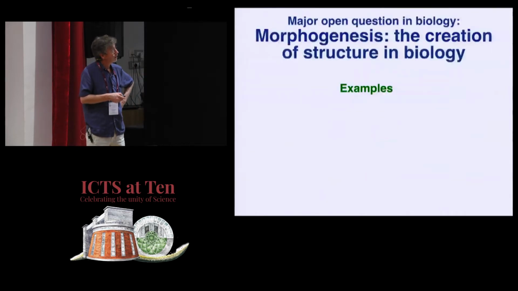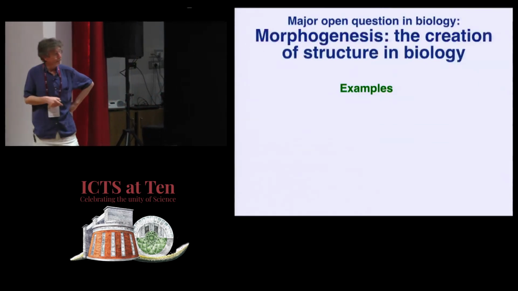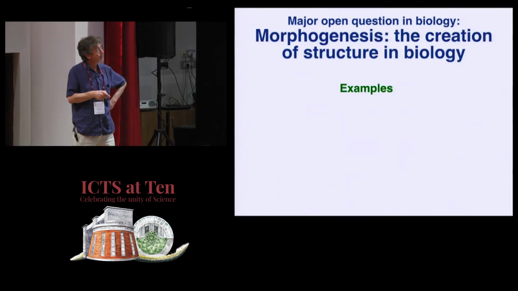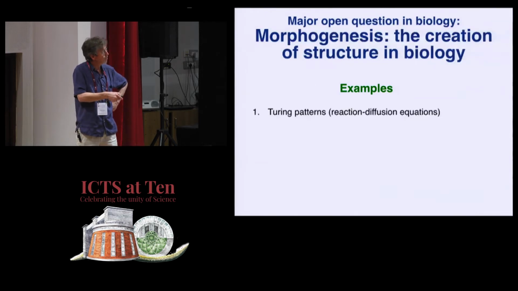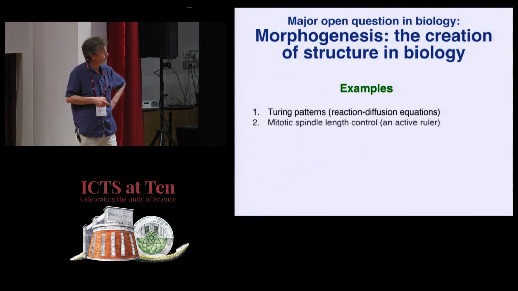Okay. So for the rest of the talk, I want to give you some examples of work that we've done that relates to morphogenesis. I want to talk about Turing patterns. Of course, this is an old idea, but we have been able to make, I think, some new contribution to broaden this idea of the reaction-diffusion equation.